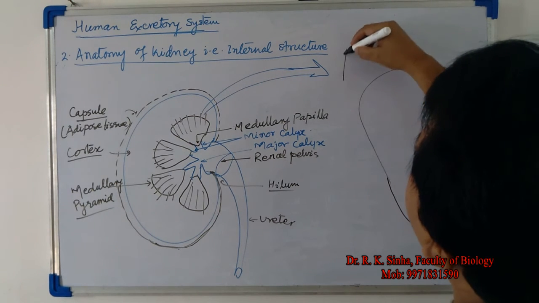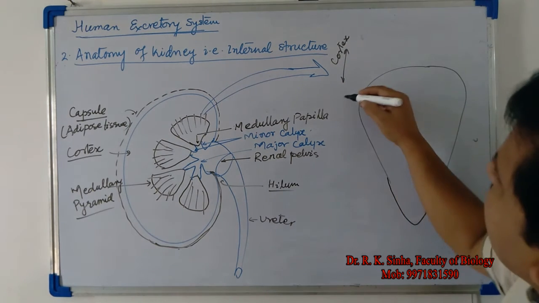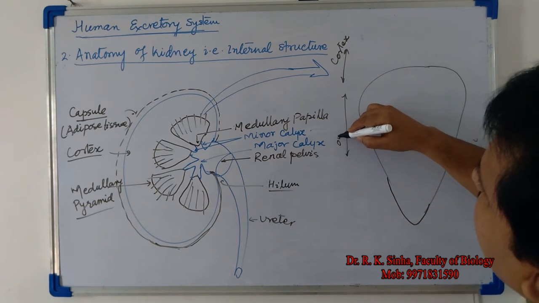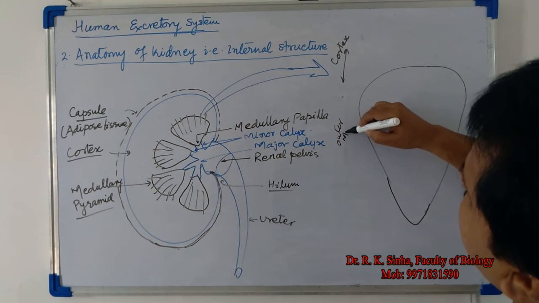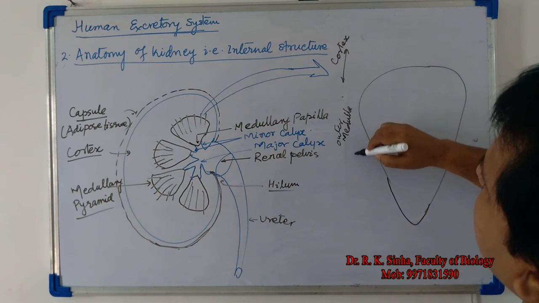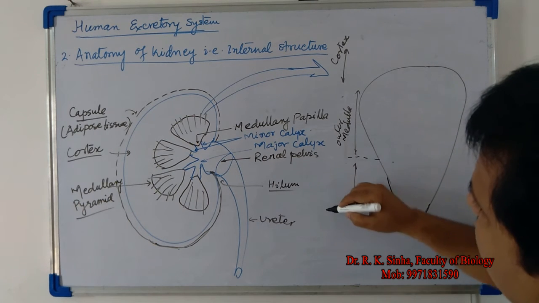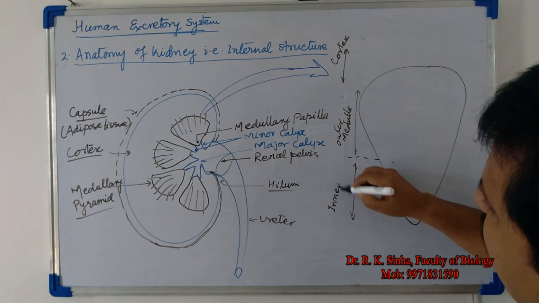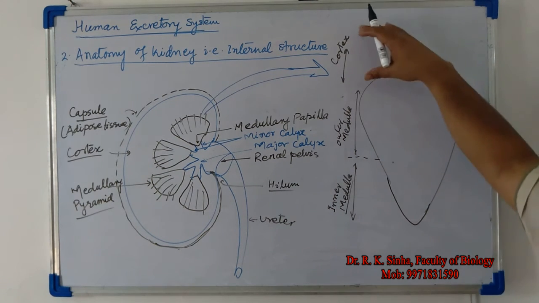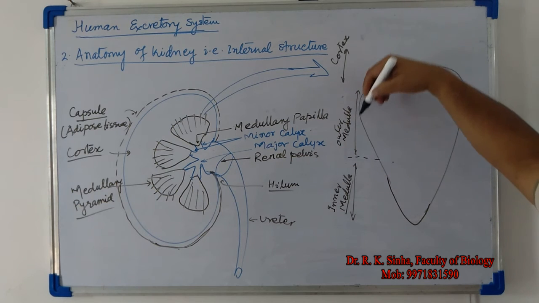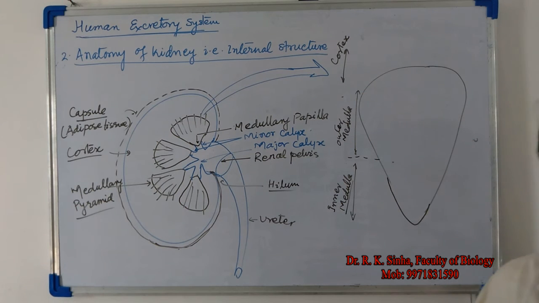Above this region is cortex region, and here to here this will be outer medulla, means outer medullary region, and from here to here, this is known as inner medullary region, this will be inner medulla. Okay, so this entire part is divided into cortex, outer medulla, and then inner medulla.